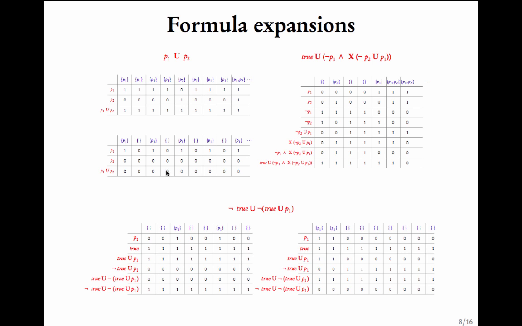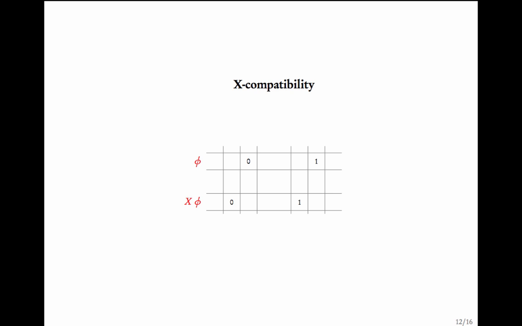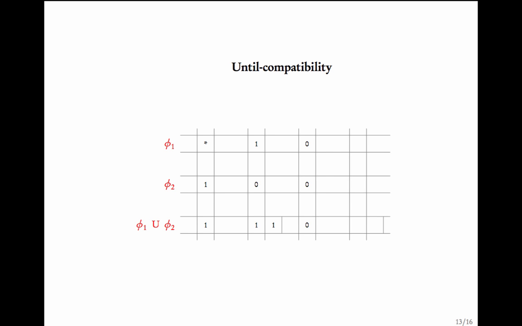Because if this was 1 here, this means that from this position P1 until P2 is true, then since P1 is true here, this would have also been 1. Okay. So these are the patterns that are possible for until. This property says that you look at the formula expansion and you look at the rows corresponding to some until formula, then it has to look like this.